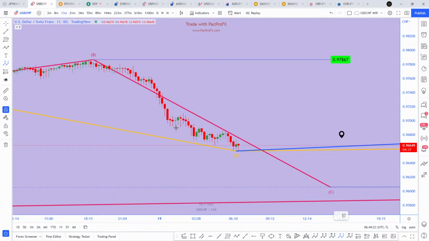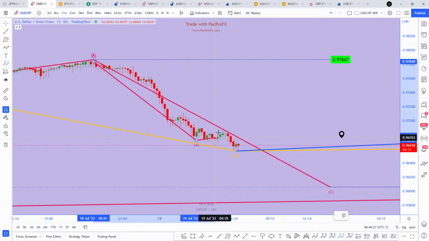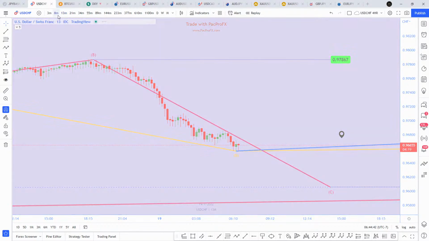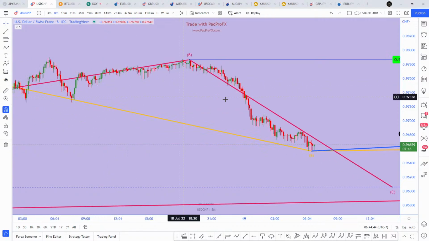If anything, the only thing I do see is that this may be the A, B, and C of the larger wave. But we're looking at a 13-minute time frame to even see this stuff.